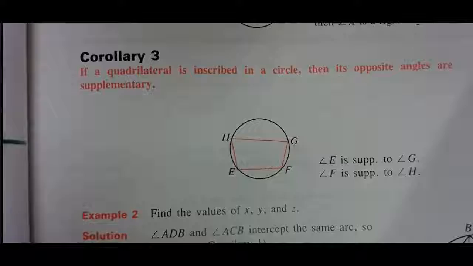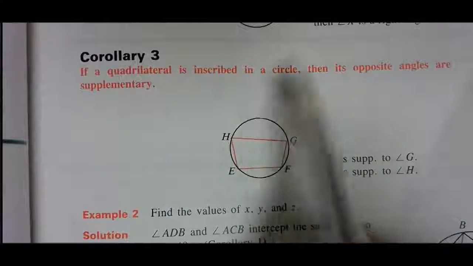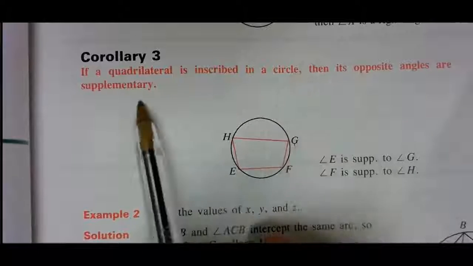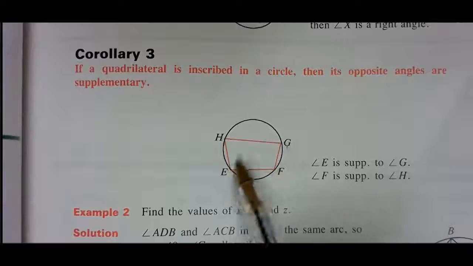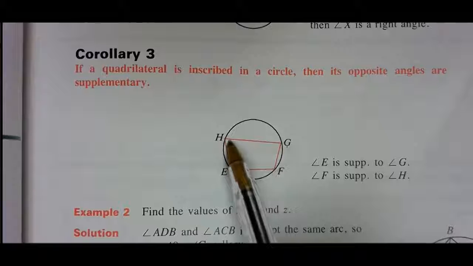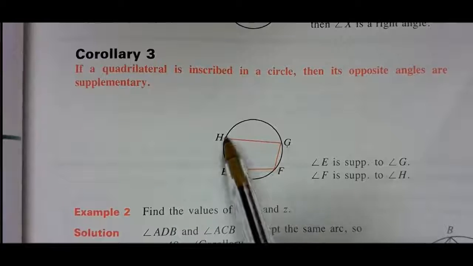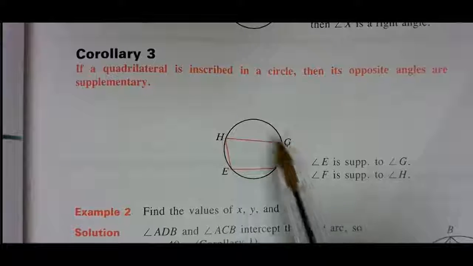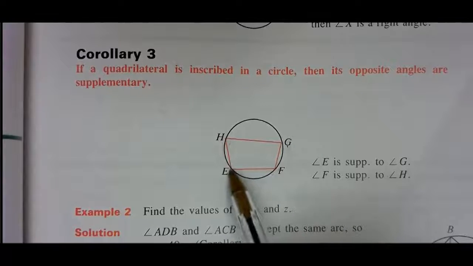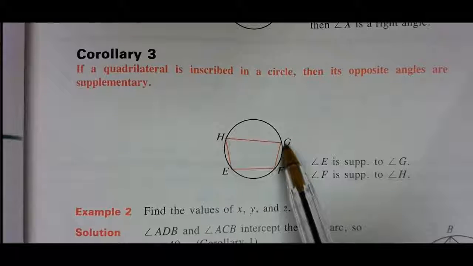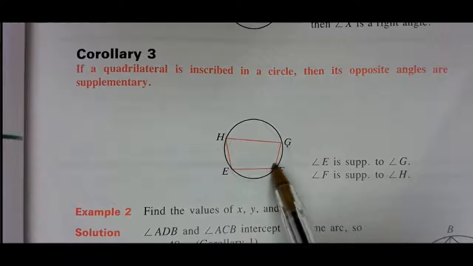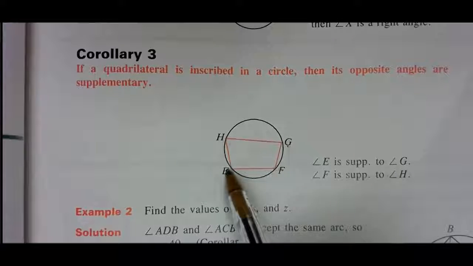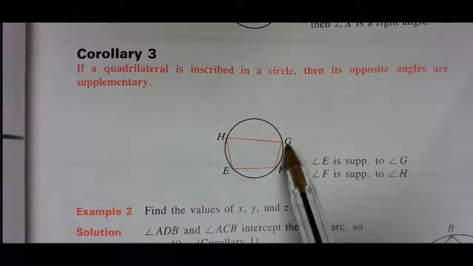Another one is if a quadrilateral is inscribed in a circle, then the opposite angles are supplementary. With this one, think of it, angle H intercepts arc EG. So angle H is going to be 1/2 of arc EG, and angle F is going to be 1/2 of arc EHG.